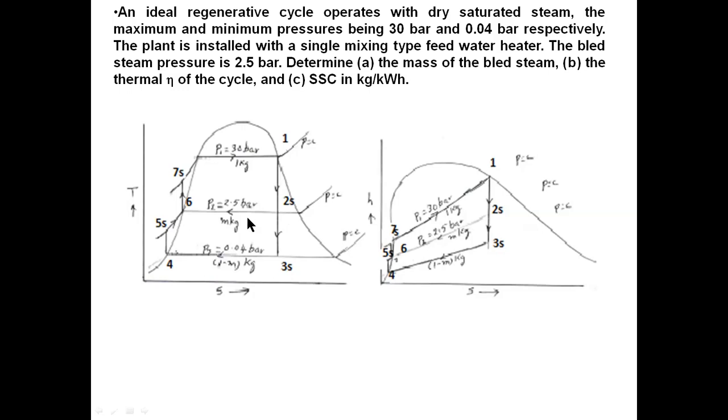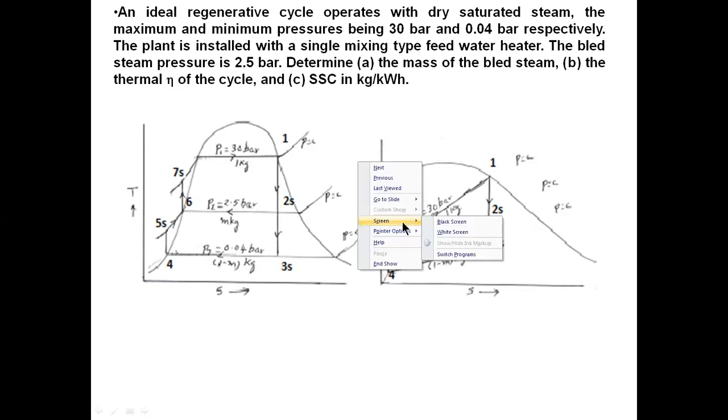At 2.5 bar, m kg of the steam is taken out. If you want you can write m1 kg, but since there is no other feed water heater, you can write either m or m1, it doesn't matter. I have written m here. So m kg of the steam is taken out to the feed water heater.